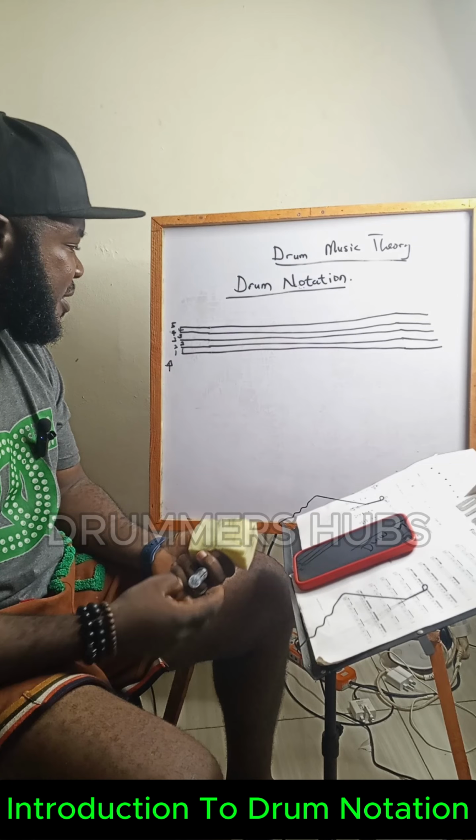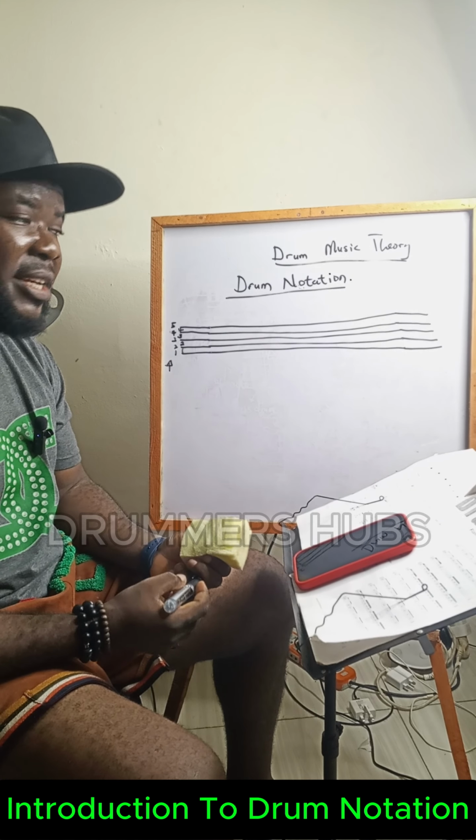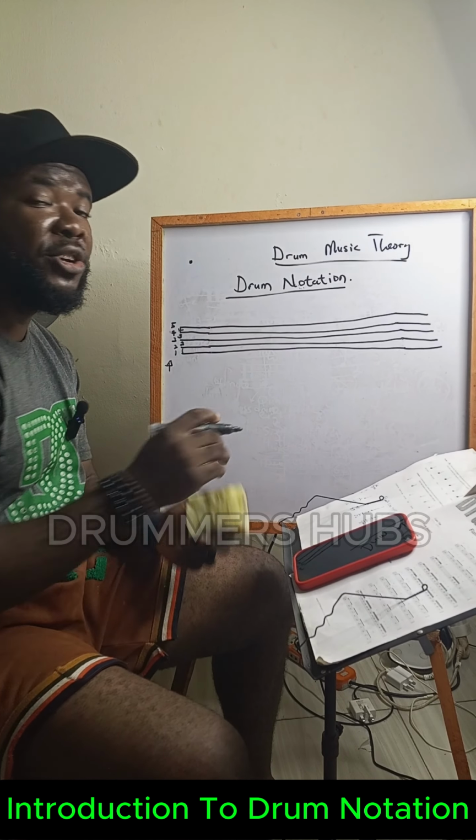Before it can be a drum staff, there's a sign it carries. You can see some drum pieces with the bass clef sign. Remember, we're just going to focus on the drums.